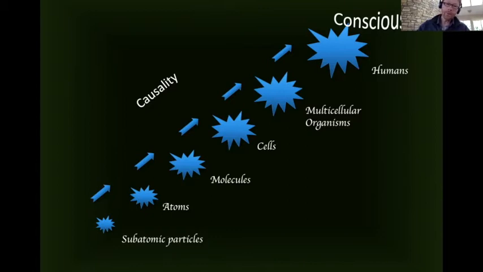But looking backwards, in retrospect, I can explain it. So here, going to cells, I can look backwards and say, well, I can explain how molecules get together and form cells in retrospect, but I can't start from first principles and predict the existence of cells from the existence of organic molecules. I can't do that.